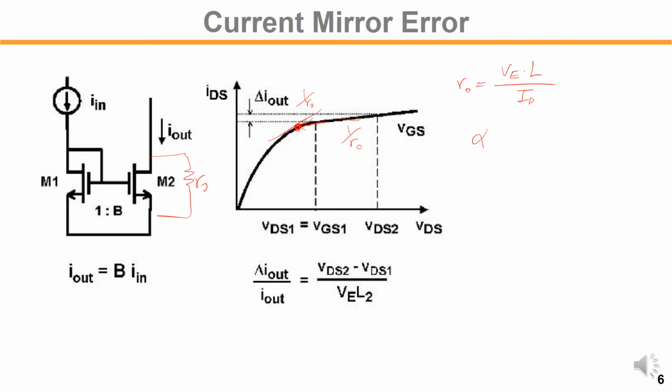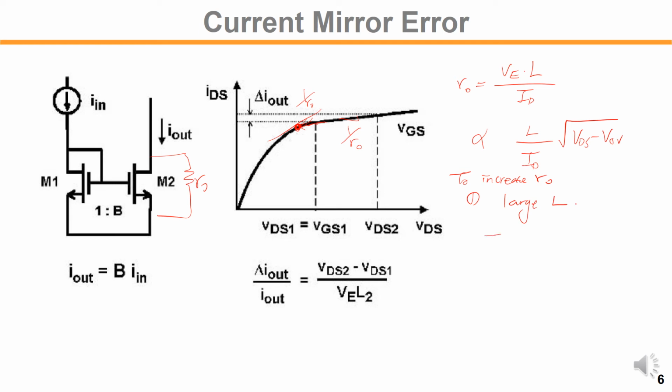So such a factor can be modeled by another term, VDS minus V overdrive, right? So there's a factor to increase the RO: the first method is a large L, right?